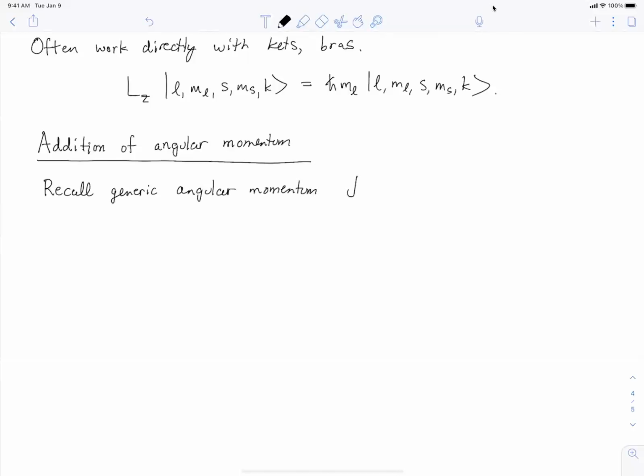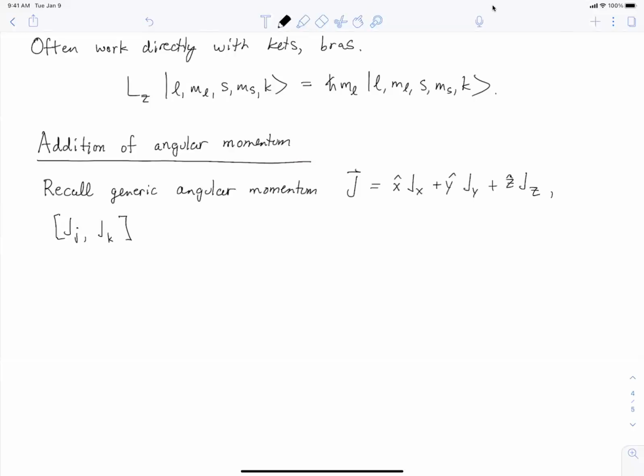First of all, it's a vector, so it's got three components, each one of which is an operator. And those have to satisfy a very specific commutation relation. I'm letting little j and little k here temporarily be x, y, and z.